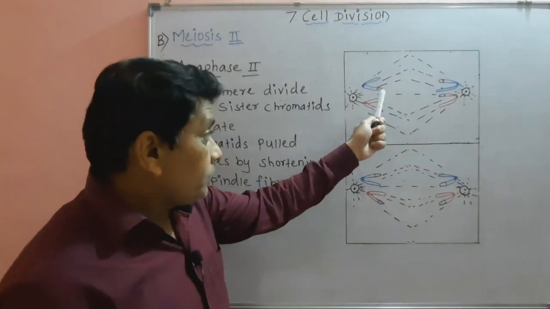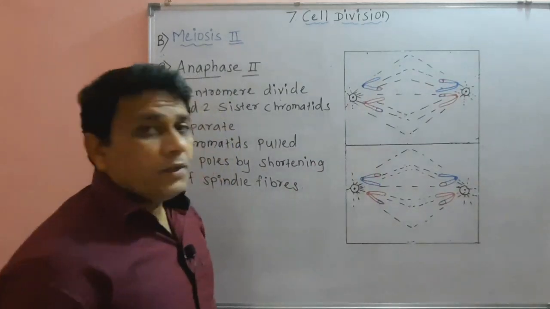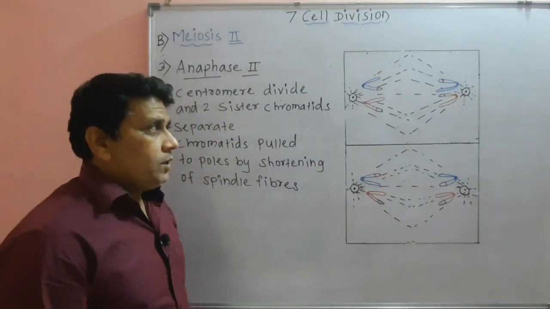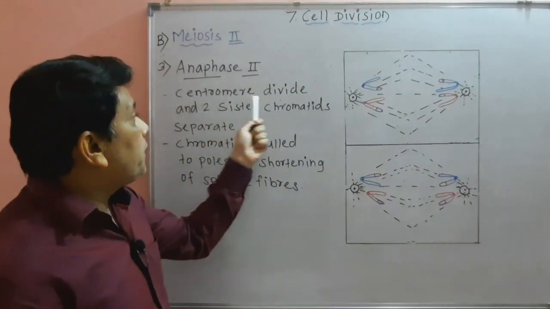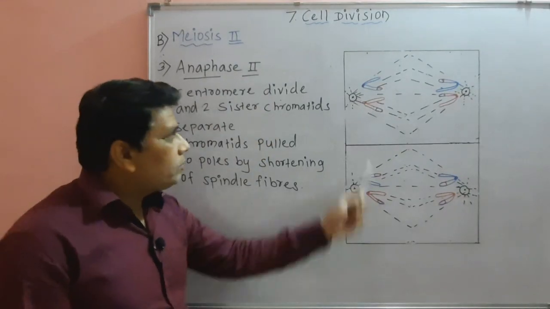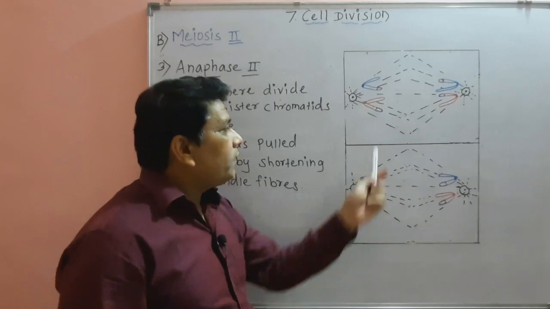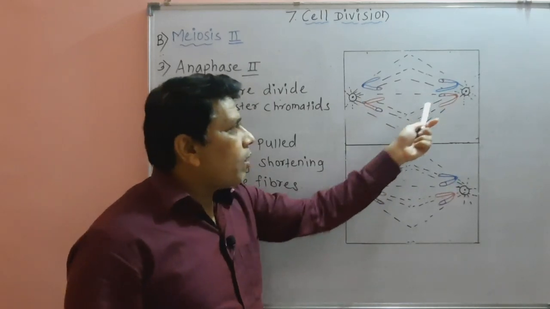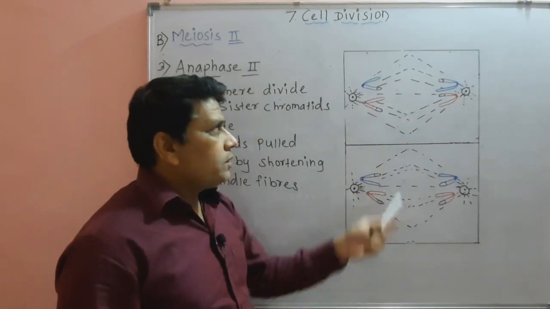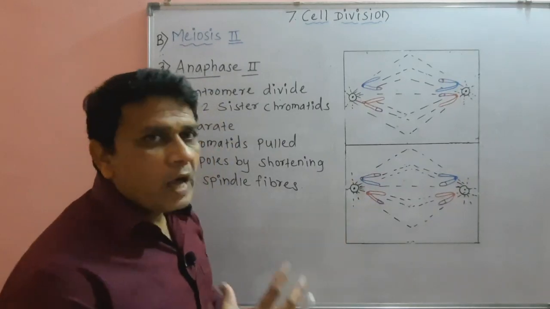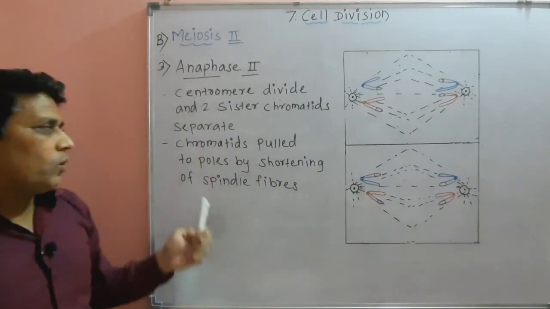Now in each chromosome the centromere divides, and the two sister chromatids separate from each other, and due to the shortening of spindle fibers these chromatids are pulled towards the poles.